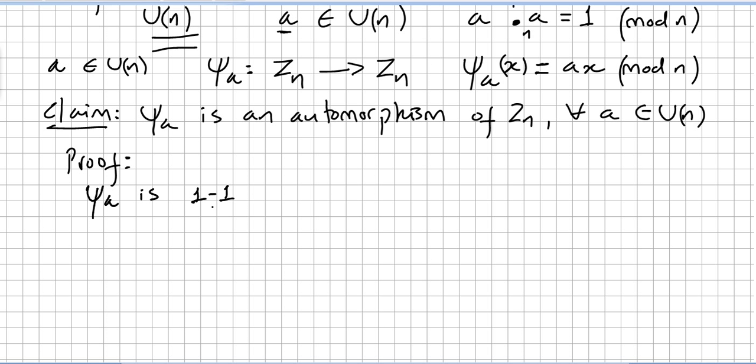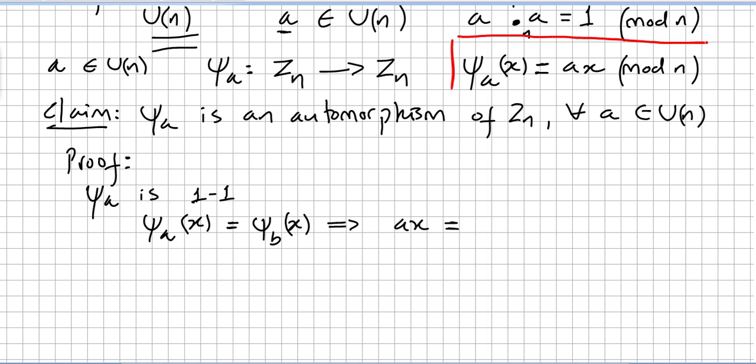Well, this is really easy, right? Because if psi a of x equals psi b of x, so if two elements are equal, this means ax equals bx. Do not forget, this is the mapping.